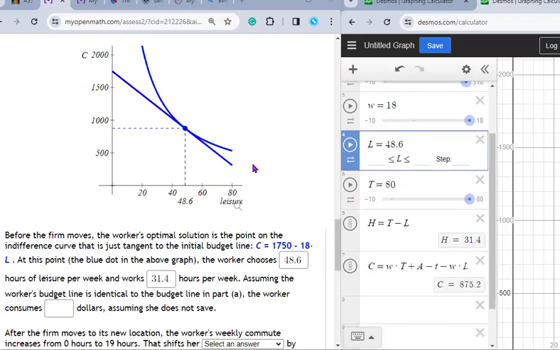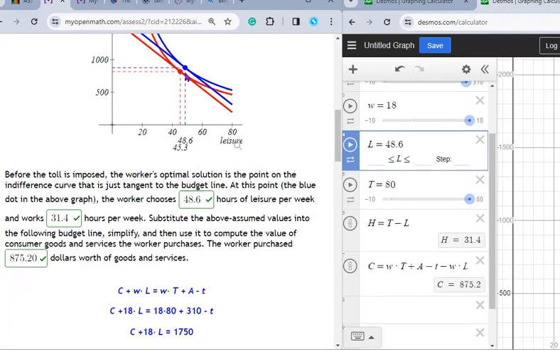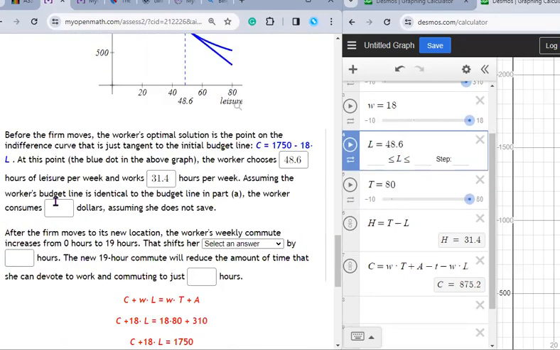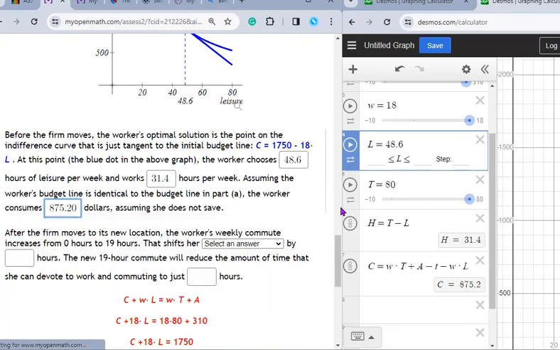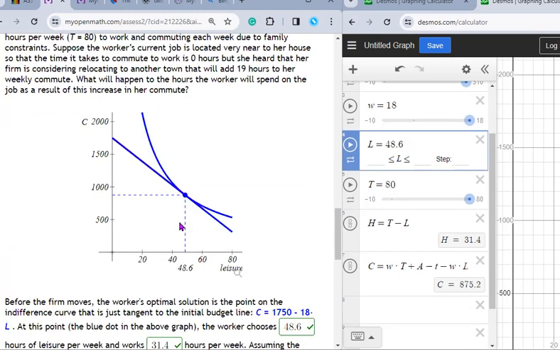Leisure is 48.6, so back here in the initial scenario, 48.6. Consumer goods are $875.20, just like we have over here. So we're back to this original point here.